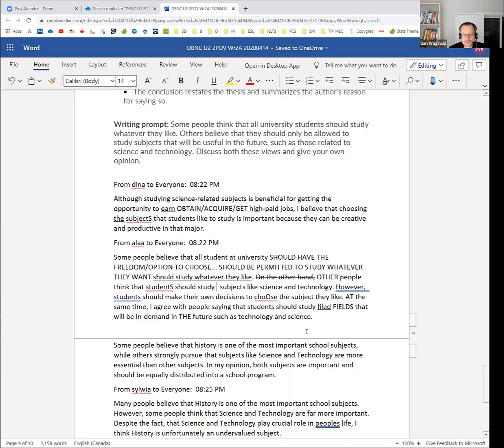Well, it's subjects like science and technology, he wrote, but we need like an adjective or some kind of related subjects? Well, what is it about these subjects? Why is the prompt creating this contrast between these two types of subjects? One is a subject that people just want to study. What's the other kind of subject? Maybe like valuable. Yeah. Beneficial.